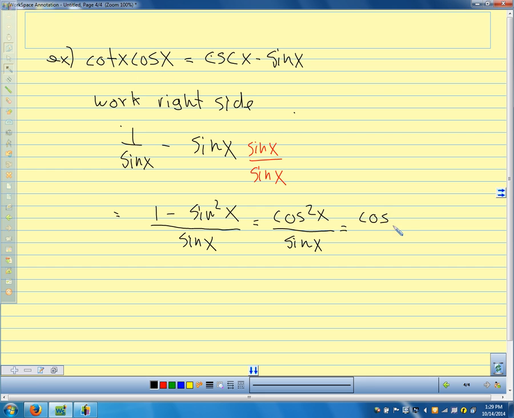This is cosine x, cosine x, and I have 1 sine x in the denominator, so that's cotangent x, cosine x. So that one turned out not too bad. Questions there?